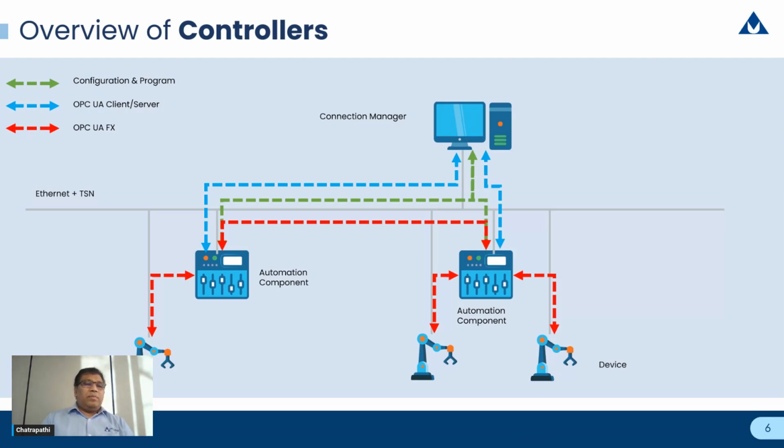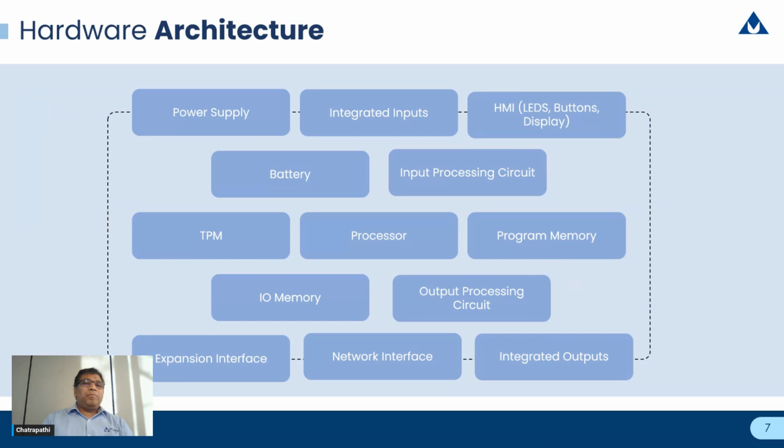So looking at the high-level hardware architecture of a controller, of course, there are a lot of different variations to this architecture because every controller implementation is different based on the specific type of applications that they are targeting, and the specific type of communication interfaces that their end customers and end applications require.